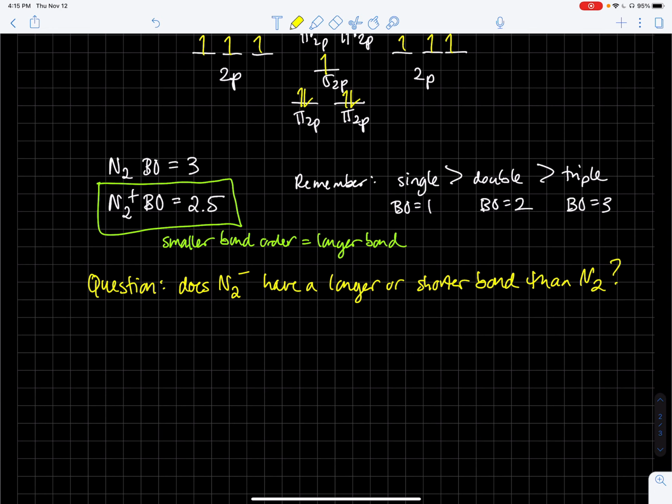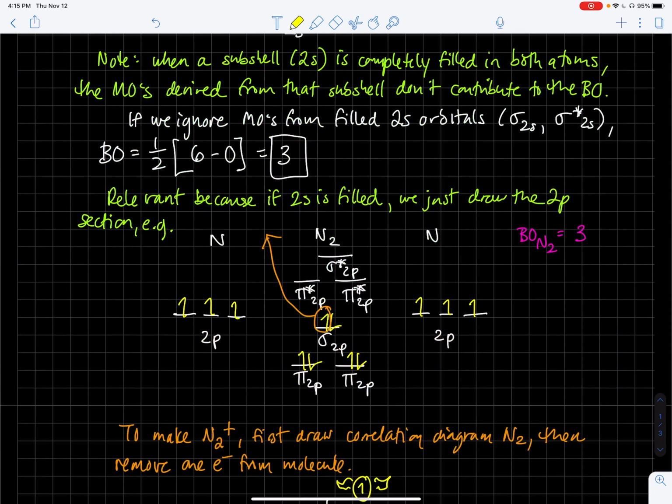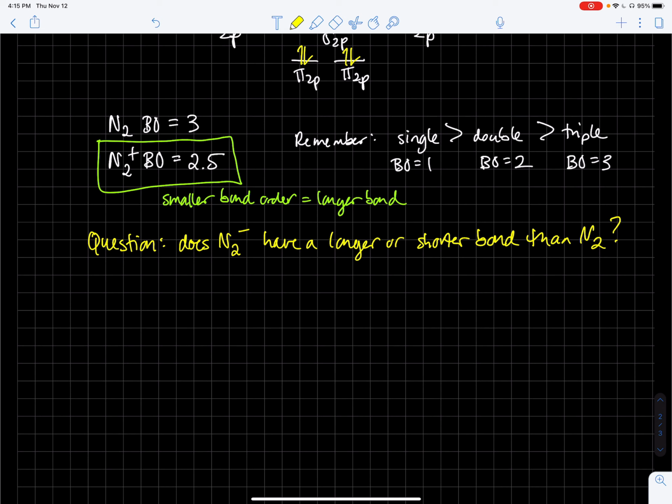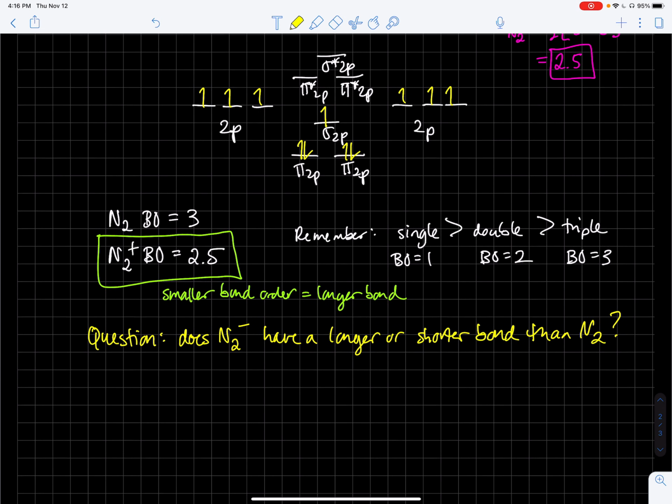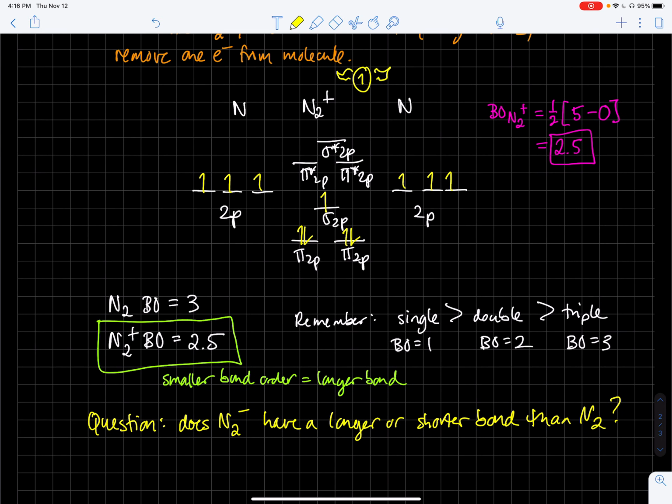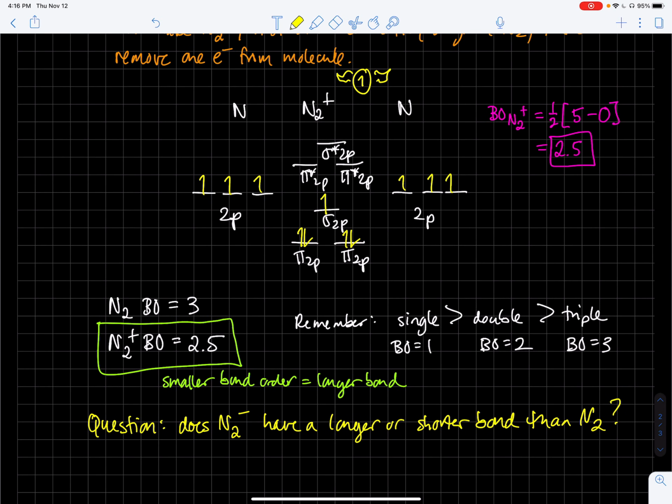You're going to want to make a correlation diagram for N2 minus, and then calculate the bond order and compare it to the bond order of 3 for N2. You can stop the video if you want now, and come back and see my answer.